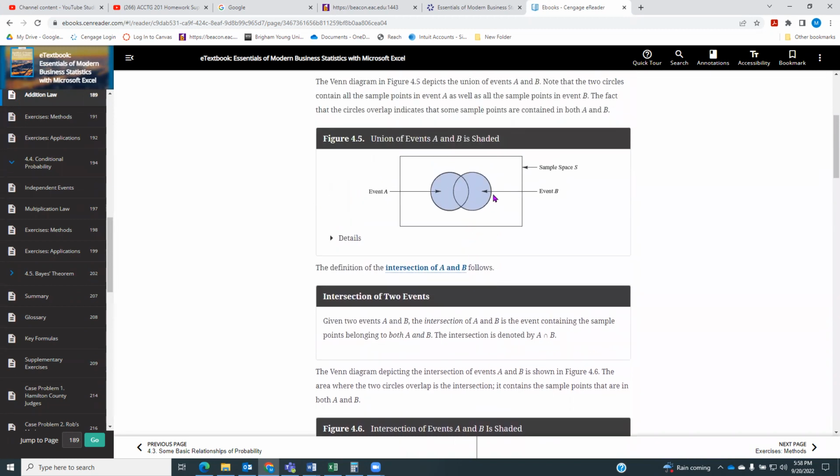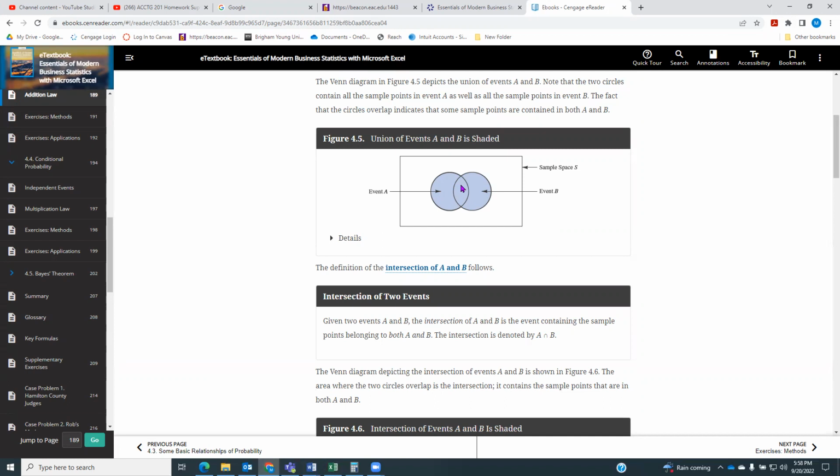Oh, sorry, I said it wrong. This is the union of A and B, which is the probability of A plus the probability of B, and then minus the probability of the intersection. The reason we want to subtract this is because if we take the probability of A and the probability of B, we'd be double counting this middle spot where they overlap each other.